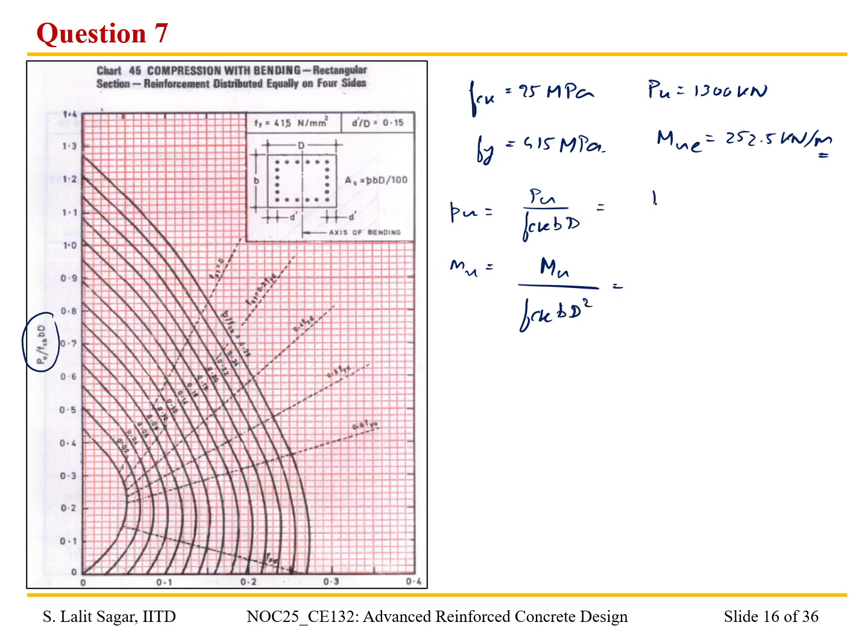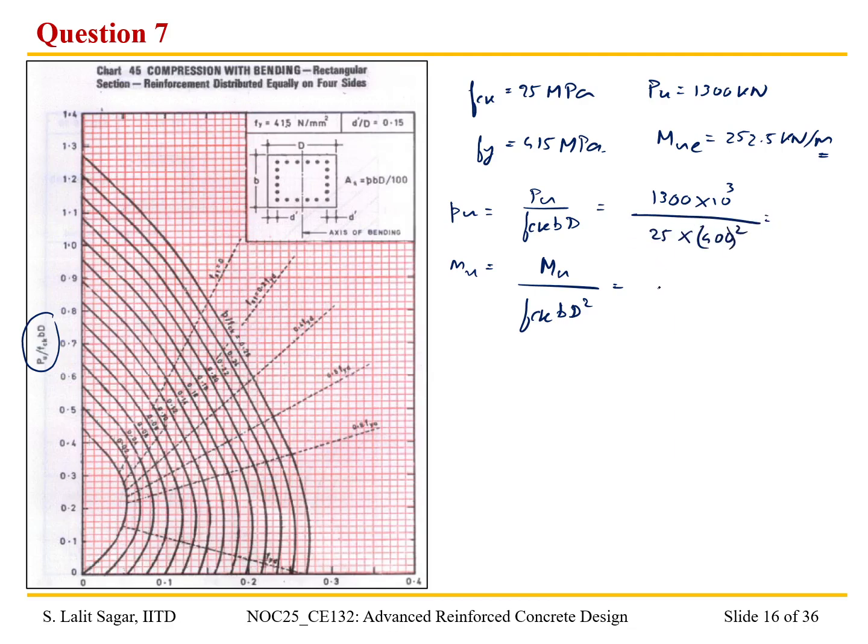That is 1300, expressing everything in terms of Newton and millimeter, divided by 25 into 400 square, because it's a square column.